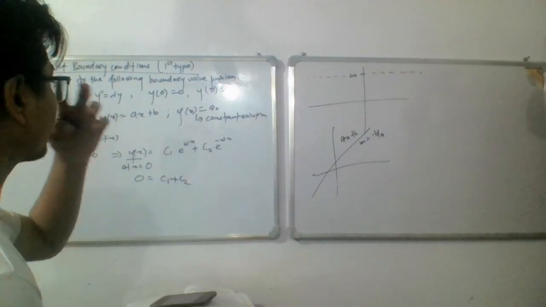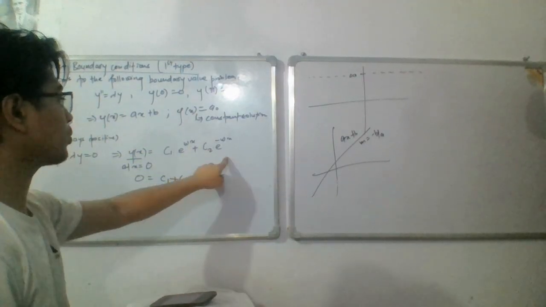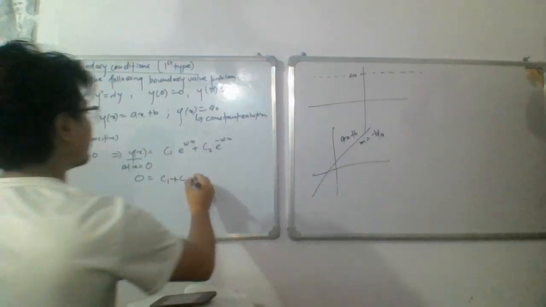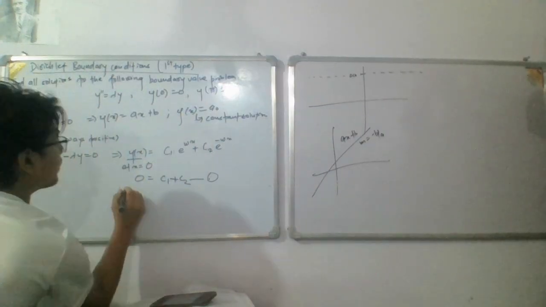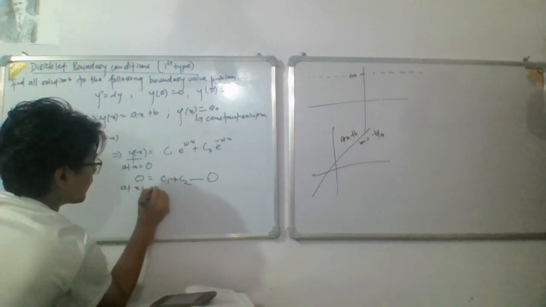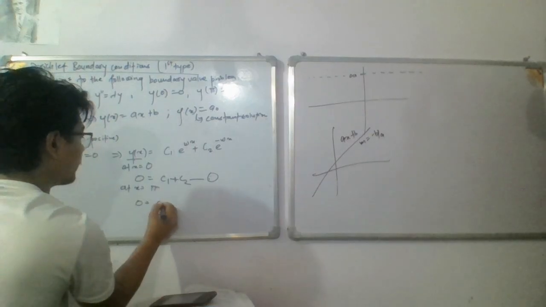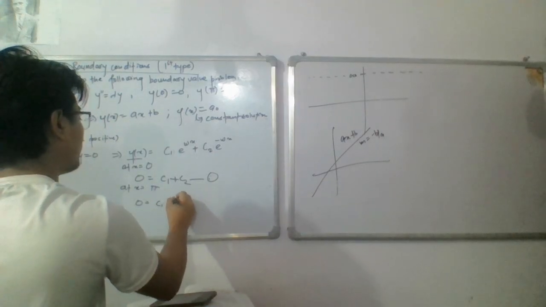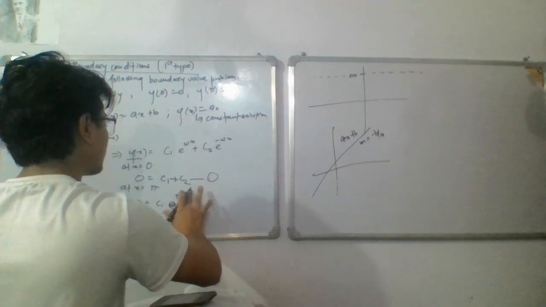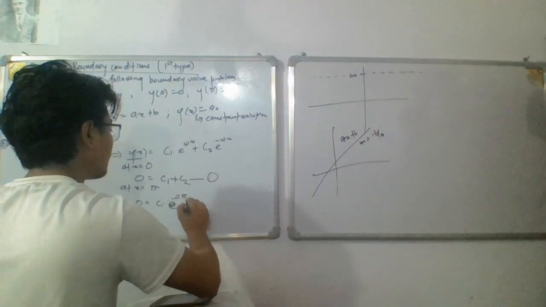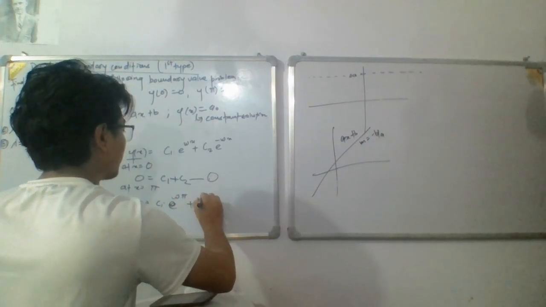Because everything becomes 1 here, the result of which we get this. Then if x is equal to pi, the thing is 0, it means c1 e to the power omega pi plus c2 e to the power minus omega pi.